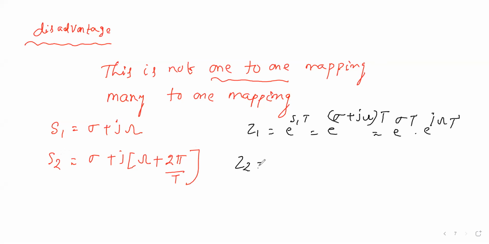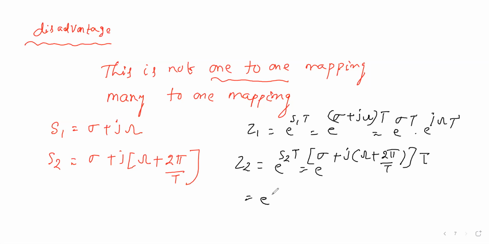Now find Z2. What is Z2? Z2 is e to power S2 t. Then it is e to power (sigma plus j omega plus 2 pi by t) whole multiplied by t.